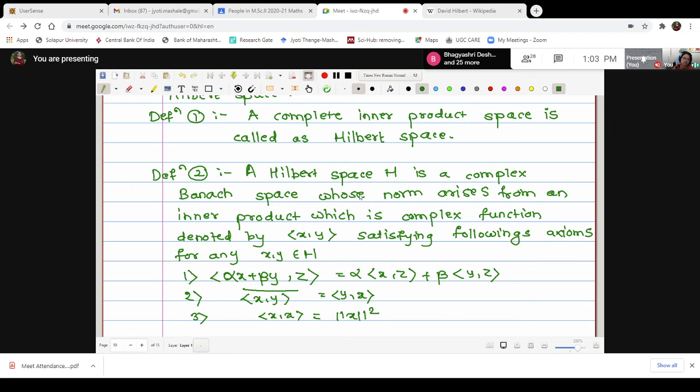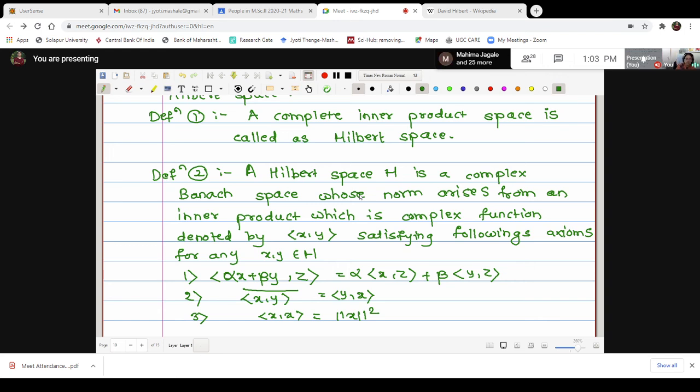Complex means the underlying field is complex, and Banach space means a complete space whose norm arises from an inner product. Means the norm defined on this Banach space is given with the help of inner product. How? Just now we have seen norm x is under root inner product x with x, and it is going to satisfy the following conditions.